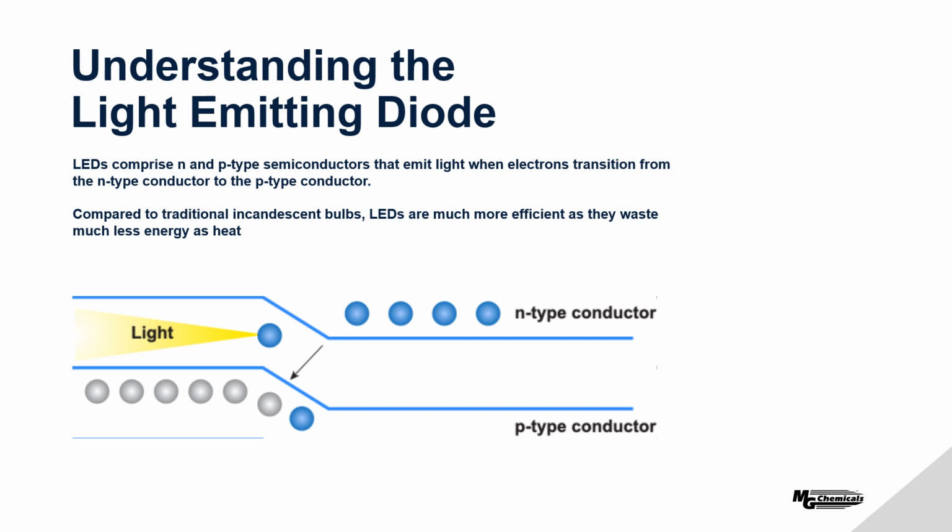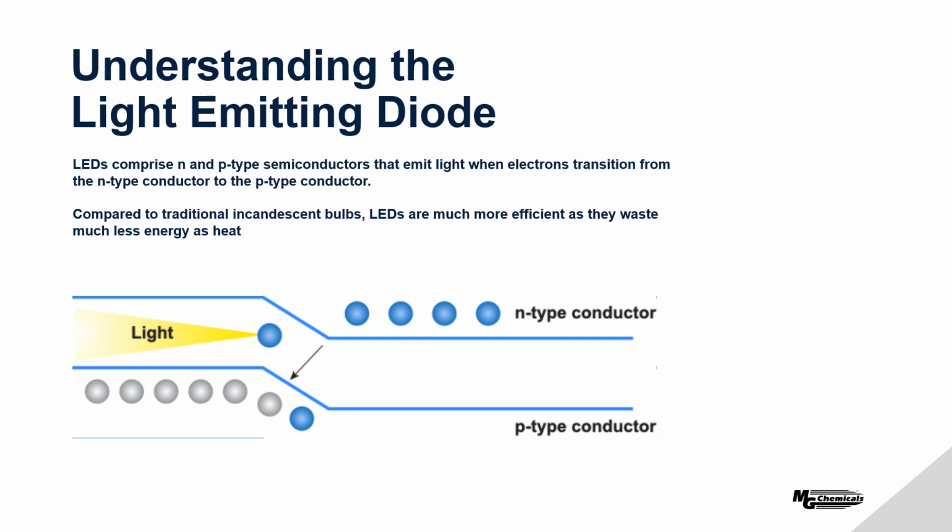Okay, so let's start with understanding the theoretical concepts behind the light emitting diode, or LED. If I can draw your attention to the graphic on the bottom there, you'll see that it consists of two semiconductors or two bands that will emit light when electrons transition from the N-type. And the N-type we've represented with these blue balls.